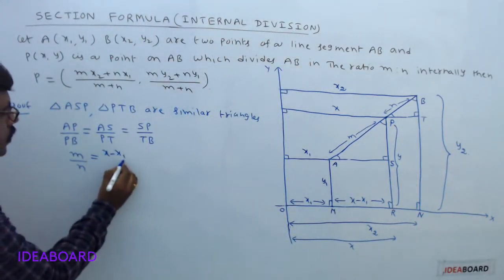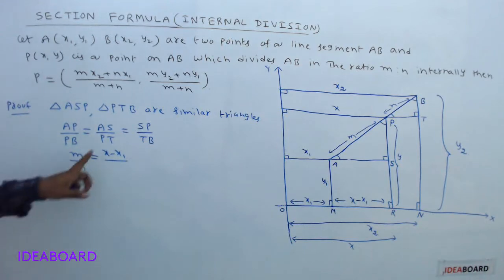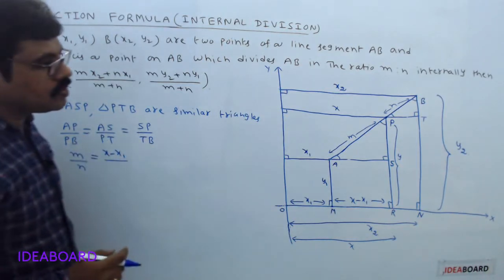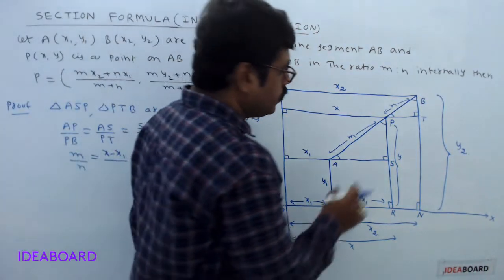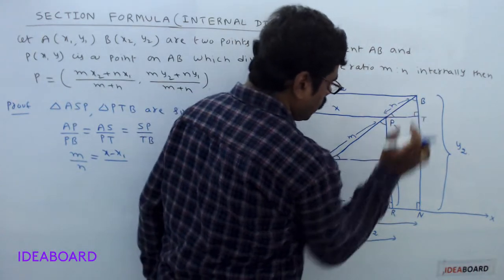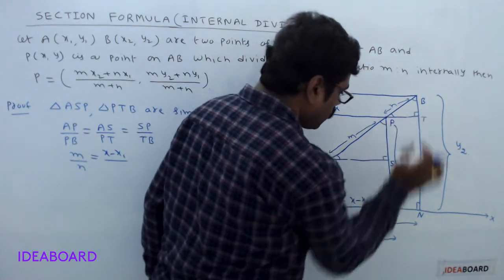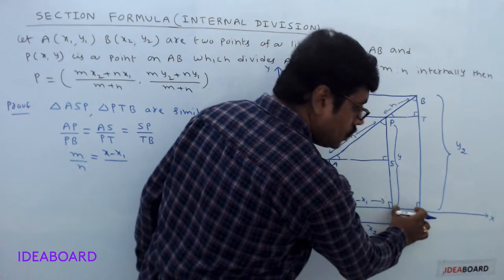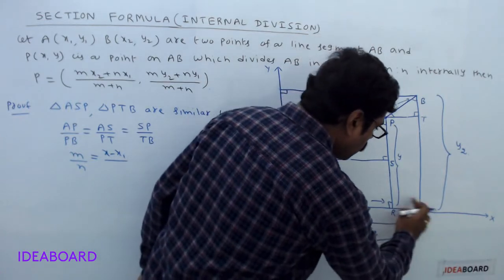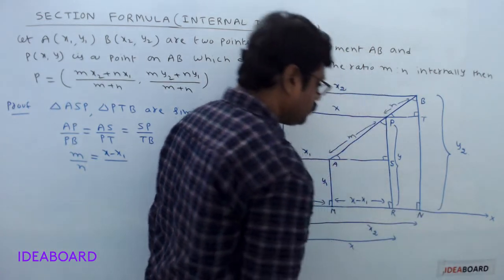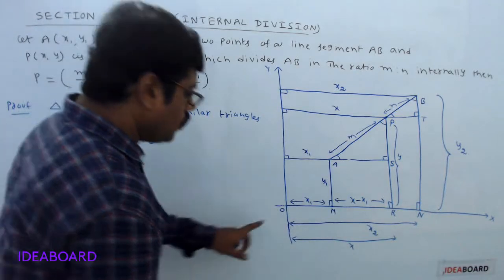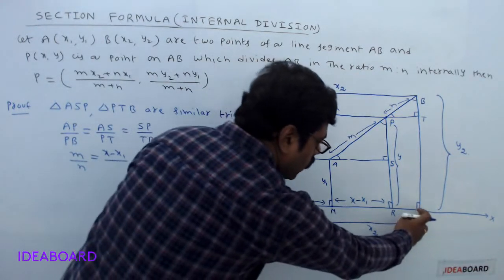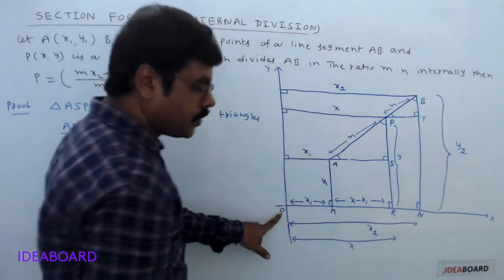So it is X minus X1 divided by PT. Now look at the diagram. This length PT will be required. This length is the same as this length. So what is the value of RN? Here the distance from O to N is X2.